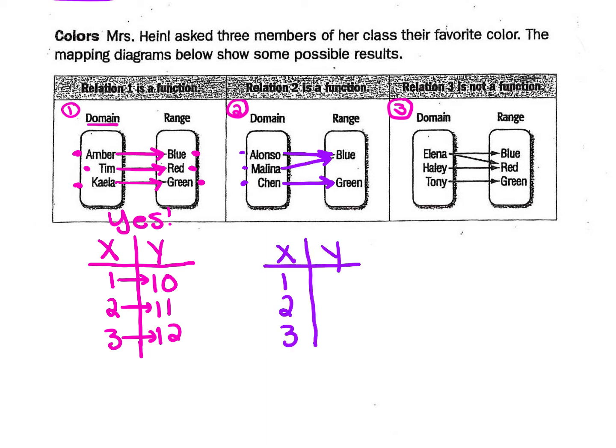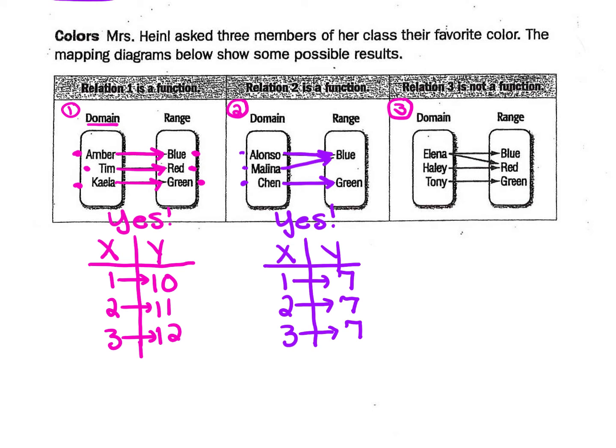Well, something like this. If you input 1, its favorite is 7. If you input 2, it can also have a favorite of 7. And if you input 3, it can have a favorite of 7. All 3 can have the same favorite value, which is 7. So this is also a function.